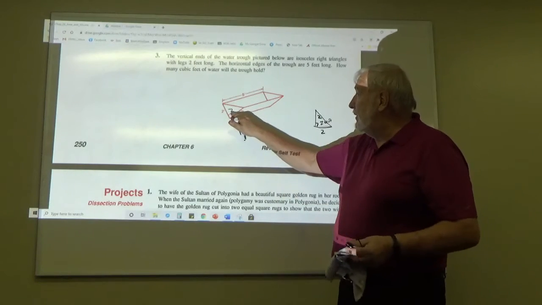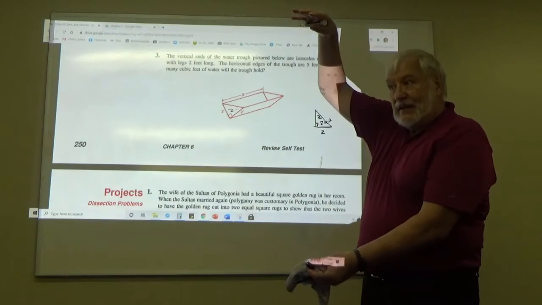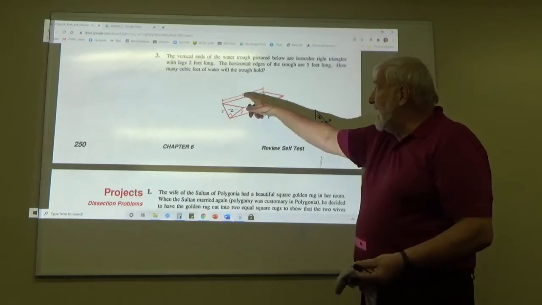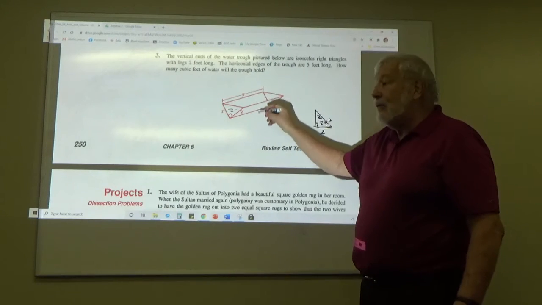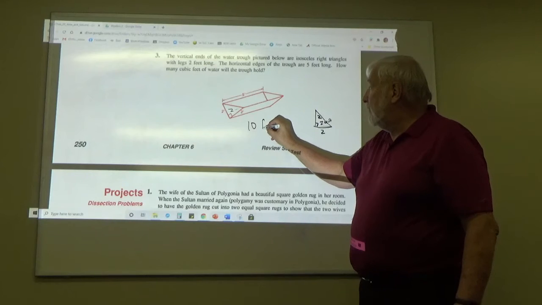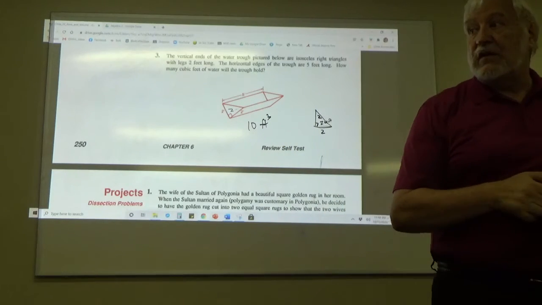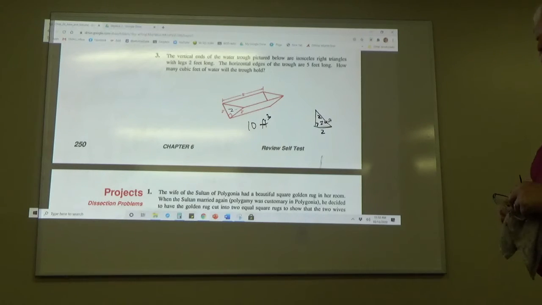And, whoops, it's supposed to be 2, not 3. And how high have I stacked it? I've stacked it 5 high. So then what's the volume? It's 10 feet cubed. There's 10 cubic feet in that trough. That's a funky looking trough.